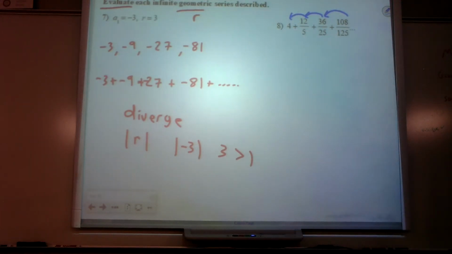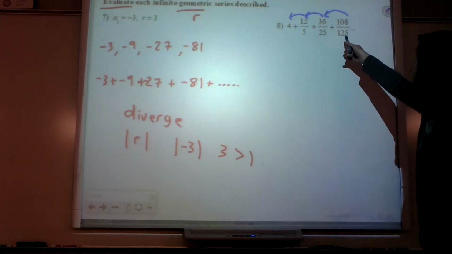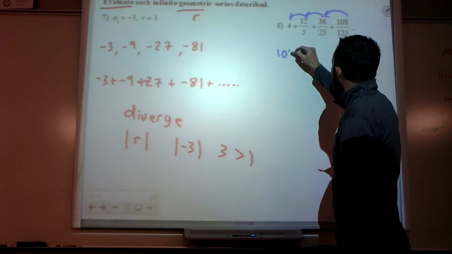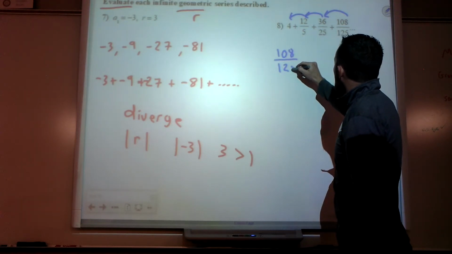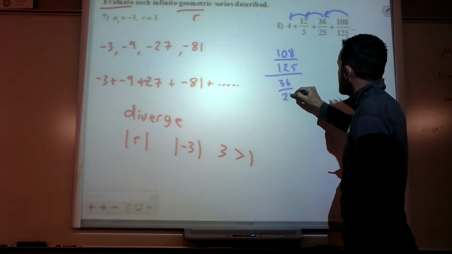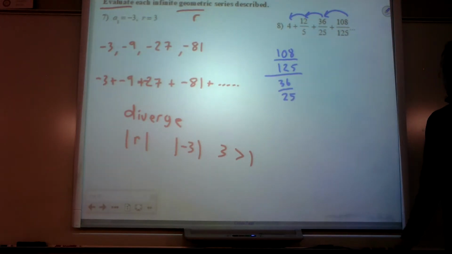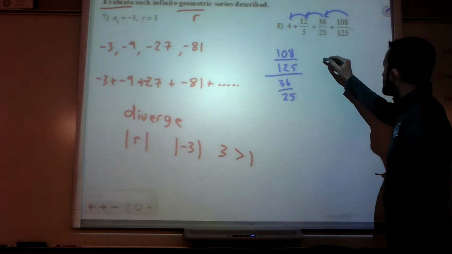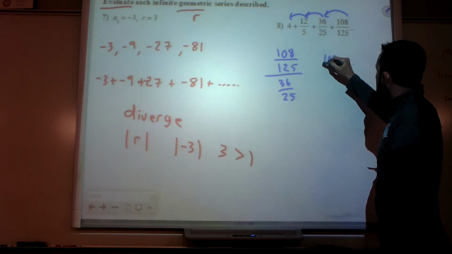Just to help, let's take the trickiest one here. 108 over 125. That was the term here. We're going to divide that by 36 over 25. And we have a complex fraction, a fraction divided by a fraction. To simplify that, we're just going to do keep, change, flip.